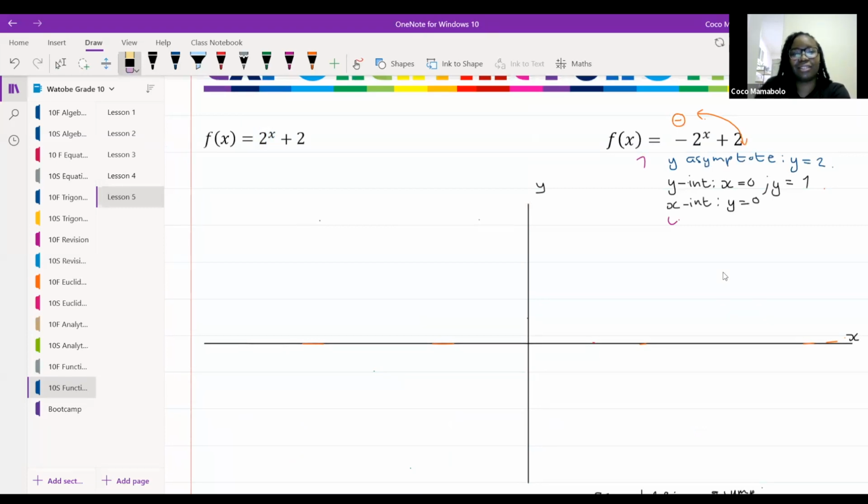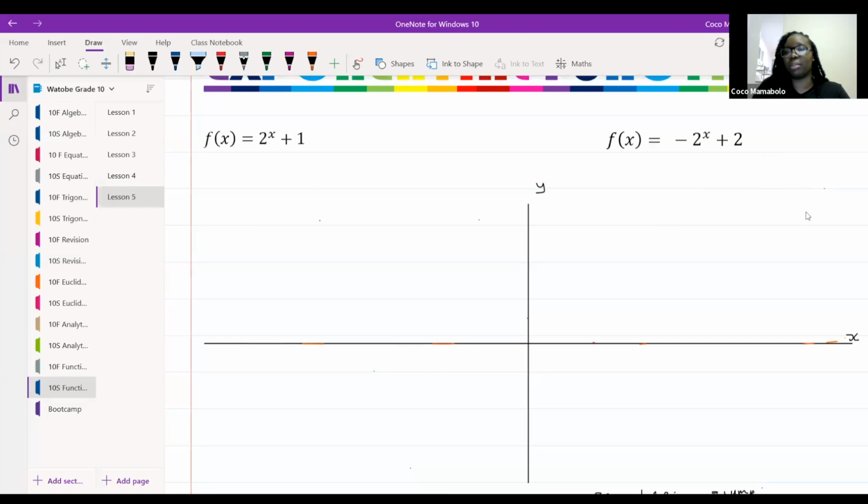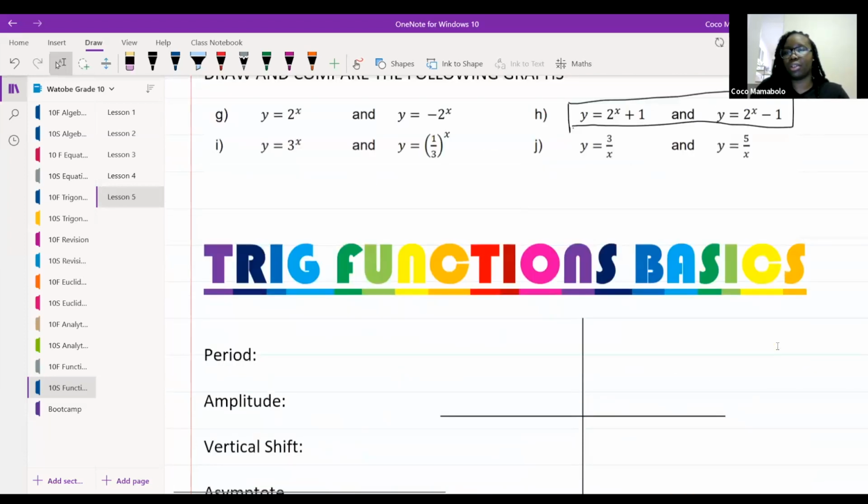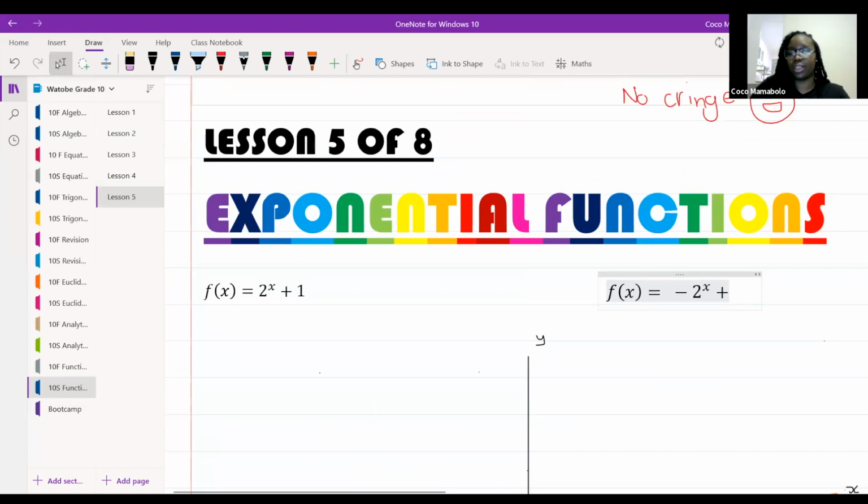Can I try this and see? Yes, absolutely. I'm loving that you put your hand up. I'm just going to write down the values over here so we know what's happening. It's 2 to the power of x minus 1. I just want to change these so we know which two functions we're working with.